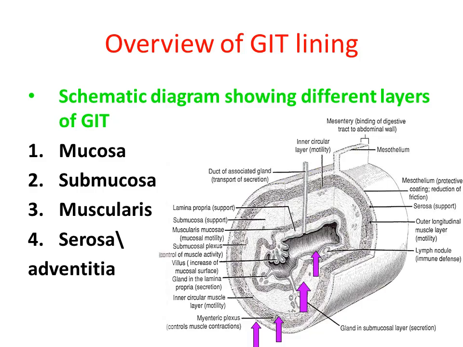Serosa and adventitia: when an organ is covered by an outer epithelial layer in the GIT cavity, this is serosa. When an organ like the esophagus is passing from the mouth through the thorax up to the GIT, its outer layer is a connective tissue layer anchoring it to the ligament, and that is adventitia.